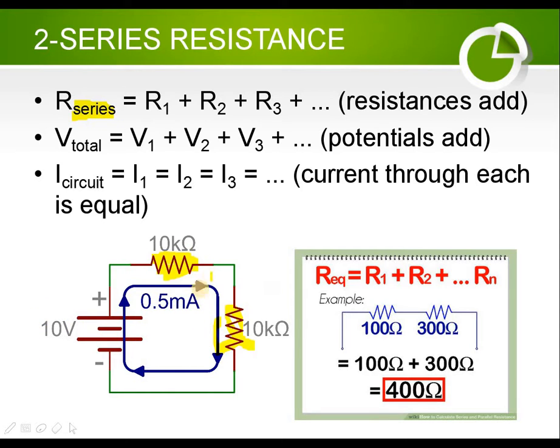We can calculate this using Ohm's law, but I did not calculate it here. You can calculate it. Current remains the same. As you can see, this blue line is the same at any stage. You can easily see that 0.5 milliampere is the same throughout the circuit. So in the series combination of resistors, the current remains the same.